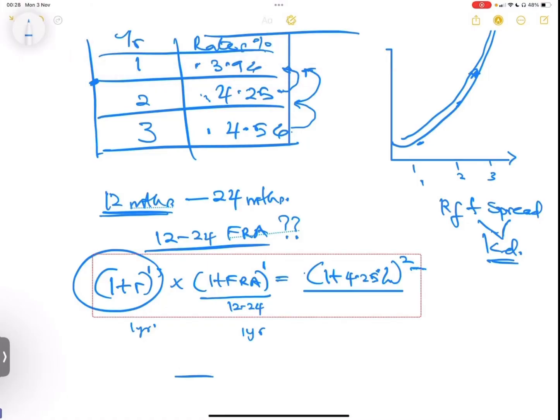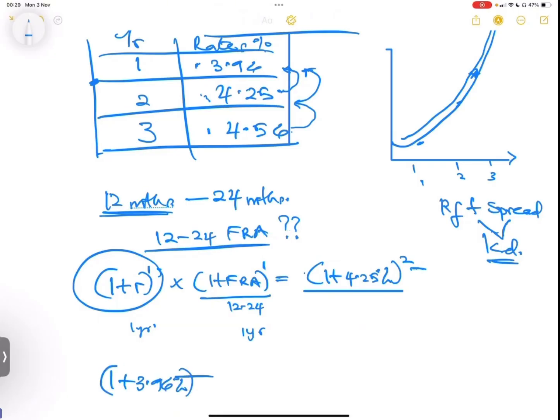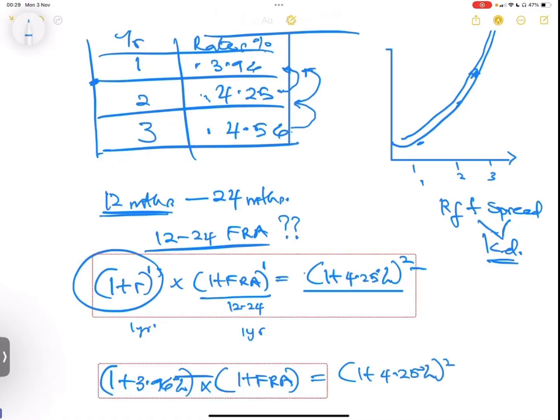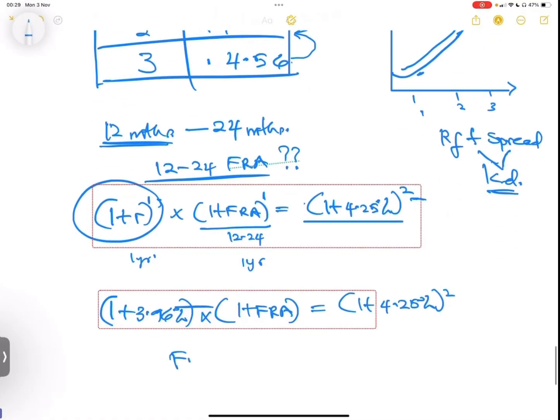The 1 year rate has already been given at 3.96. So what you're saying is that 1 plus 3.96% multiplied by 1 plus the FRA that we're looking for is equal to 1 plus 4.25% raised to power 2. So what is your FRA, guys?